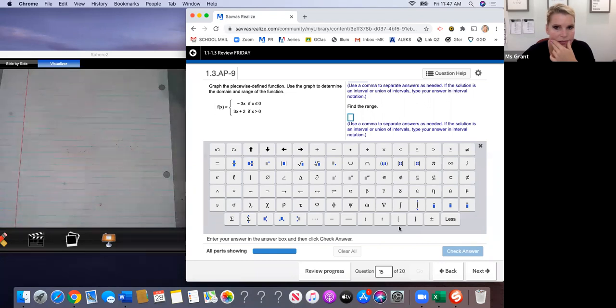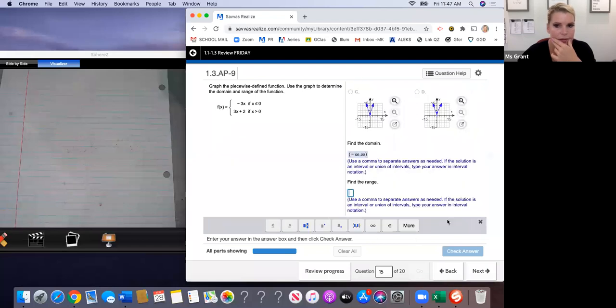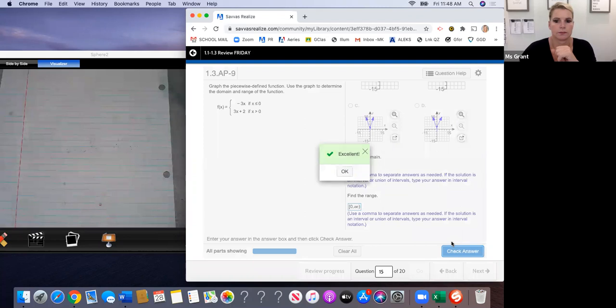Bracket 0 to infinity. I don't know. It is bracket. Well, I'm gonna do bracket on my computer screen. Might not like it. Infinity has a parentheses around it. Oh, good.